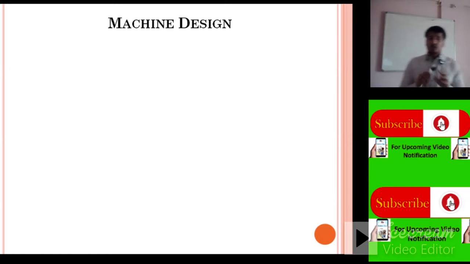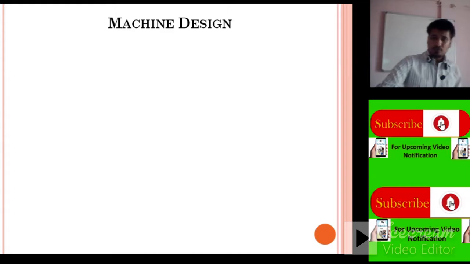But here we are going to divide machine design into two parts. First one is the machine, and after that, based on that machine, we are going to design. Okay, and when we have both the terms, then we can add them together as machine design. It is a simple way to understand the definition of machine design.